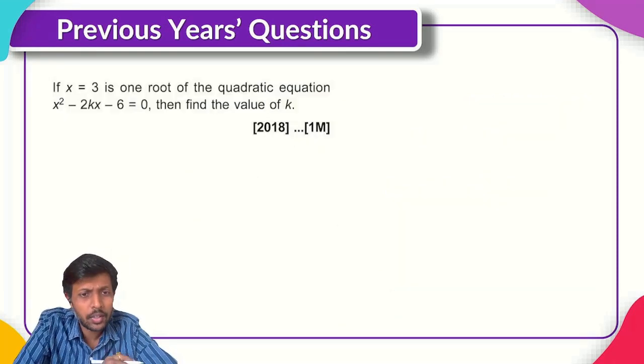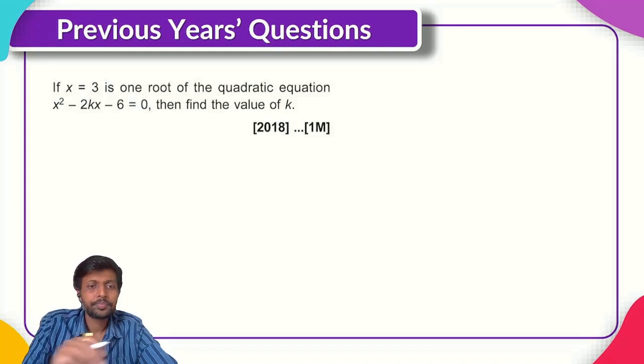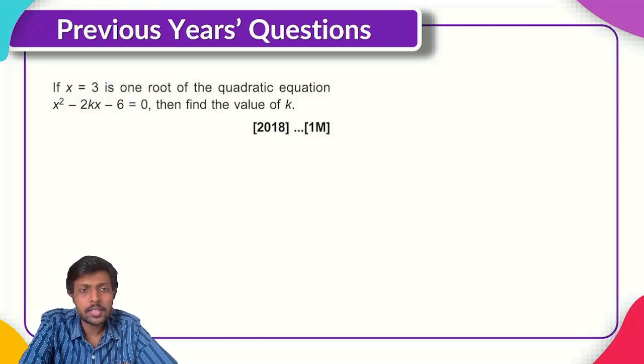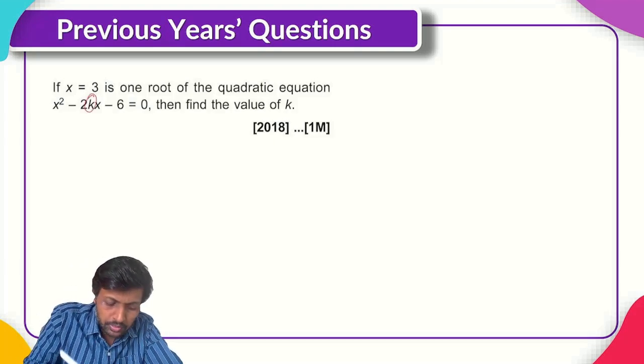Okay, here's another question. This question came in 2018, and this was a 1-mark question. Try it out and then come back to look at the solution. Okay, let's look at the solution now. If x is equal to 3 is one of the roots of this quadratic equation, then we have to find the value of some constant k, which appears in the equation itself.